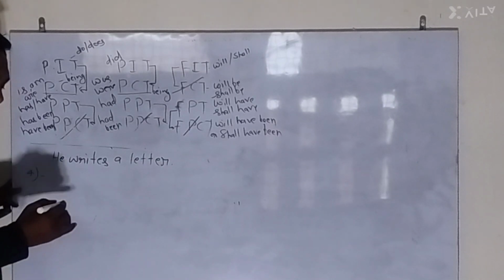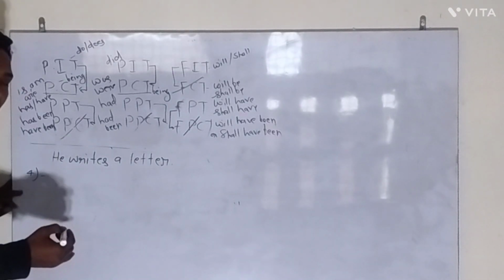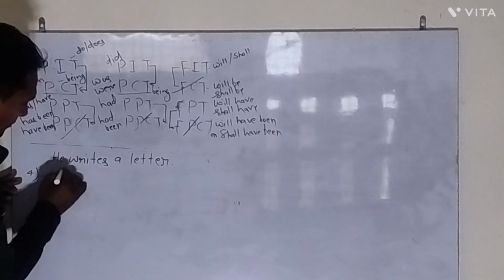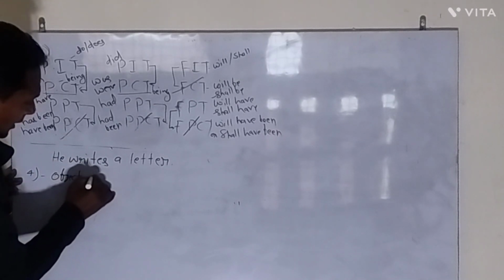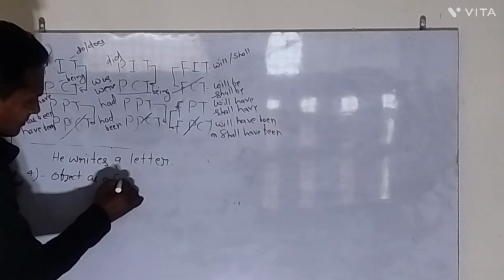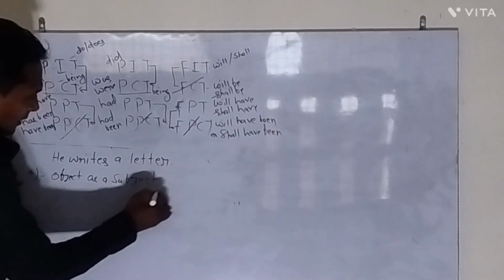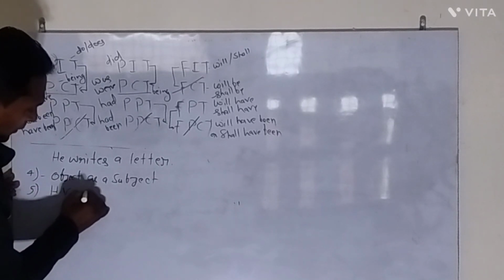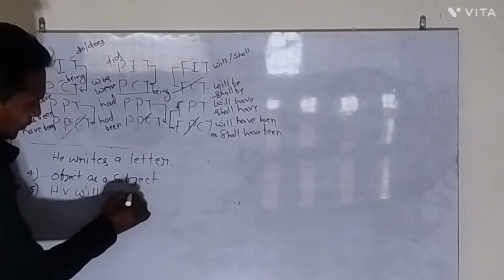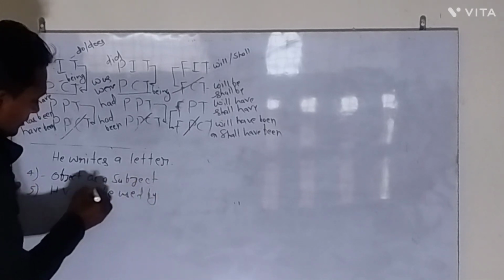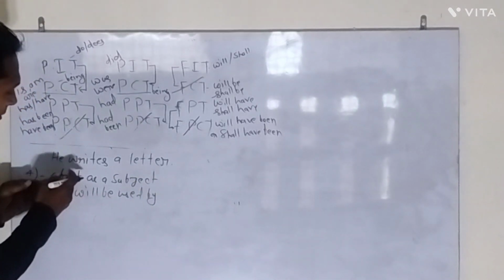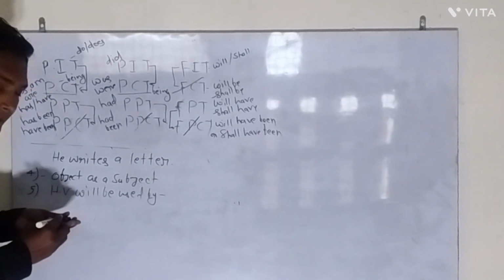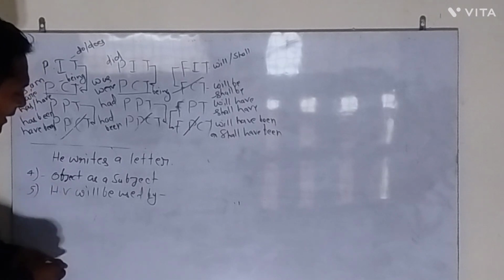The fourth condition is that when we are changing from active voice to passive voice, we always have to take the object as a subject. And then the fifth condition is that the helping verb will be used based on the object you took, on that basis we can use it. Clear? That's very simple. You can understand.